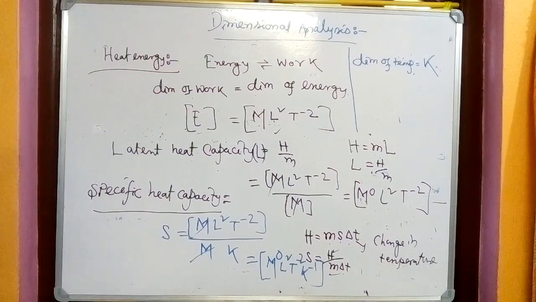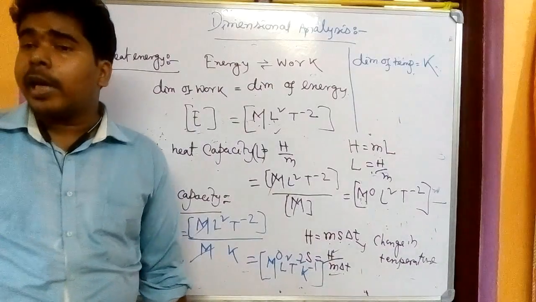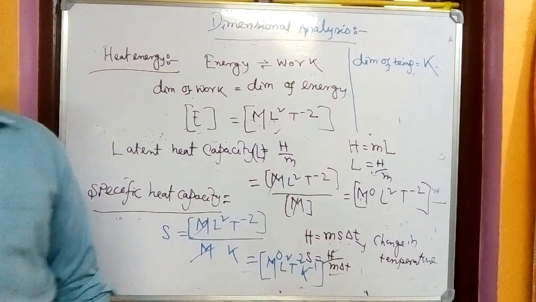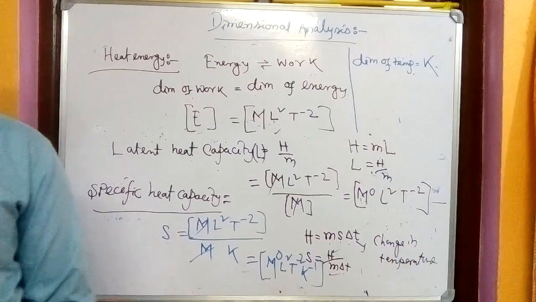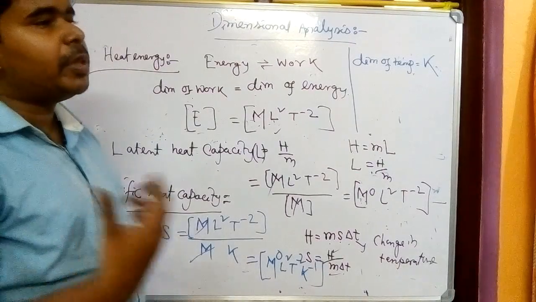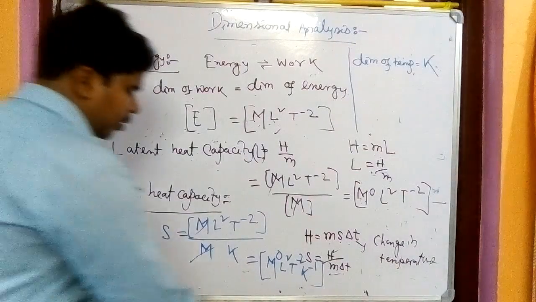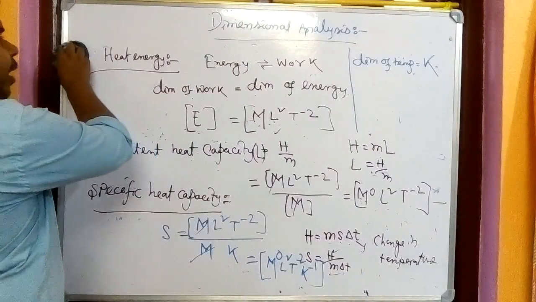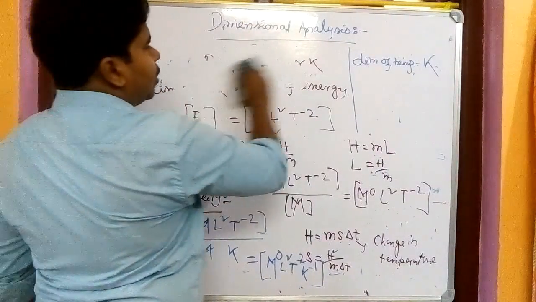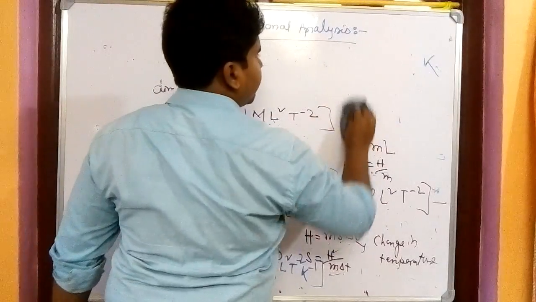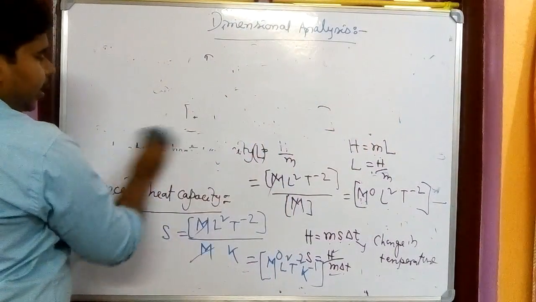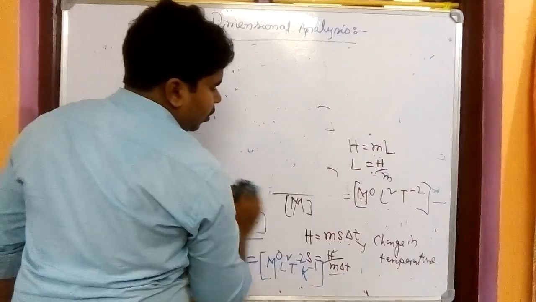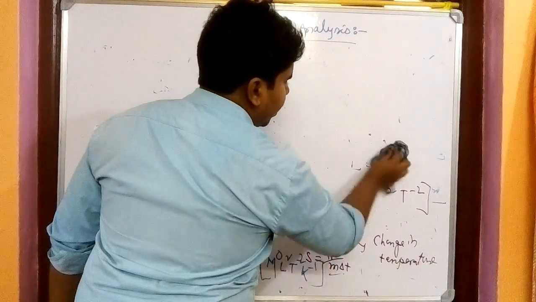But apart from heat, one more type of quantities are there. That is electrical measurements. We have done many electrical measurements: measurement of current, measurement of potential, measurement of charge. Many things we have done. So what should be the dimension of them? Let's see. Okay. The dimension of electrical energy.